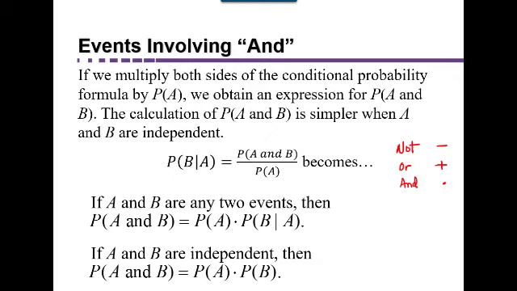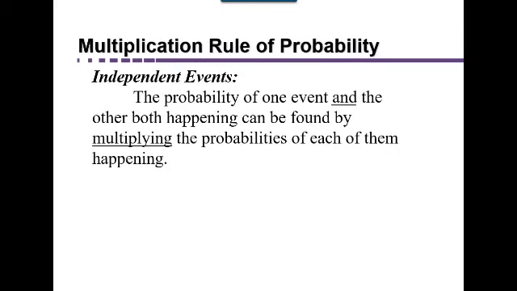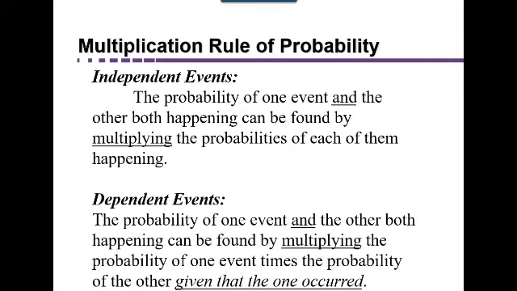But if the probabilities are affected one by the other happening, then you have to take that into consideration. So if they're not independent, you have to multiply the probability of A times the probability of B with the knowledge that A has occurred. This sounds tricky, but it's really not as bad as it seems. And we'll go over some examples so you'll see how it flows naturally.